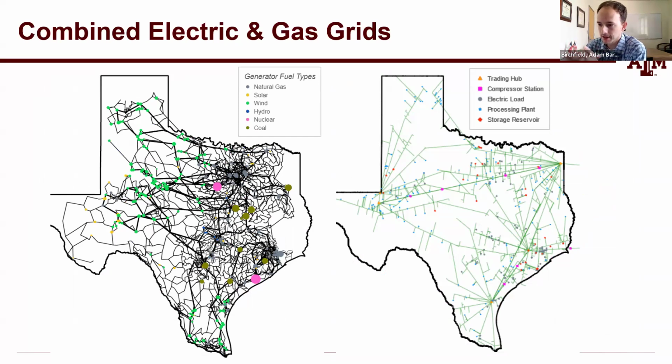Another one is combined electric and gas grids, going back to the idea that geography drives transmission planning. Having geographic embedding of the transmission network allows us to do geographic connections to other networks. In this case, we have these synthetic natural gas networks that were built by a grad student working with me. And so we can look at things like combined electric and gas interactions.